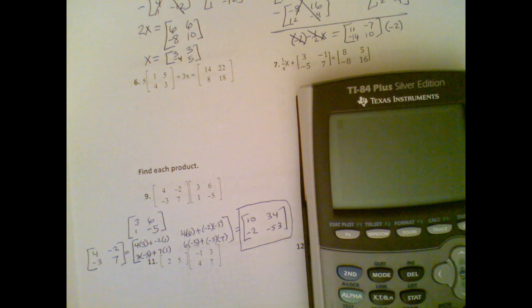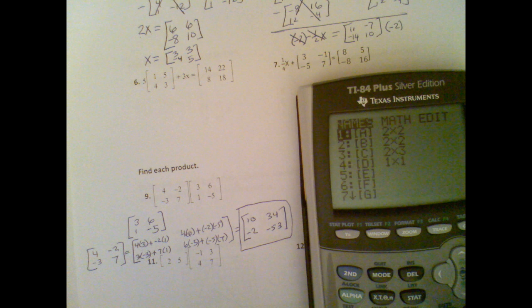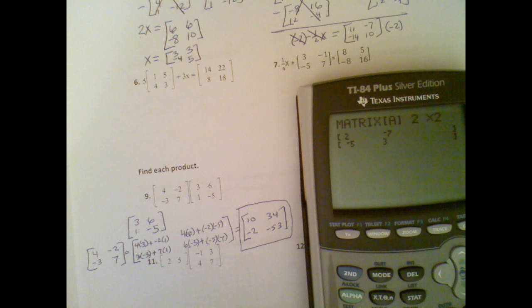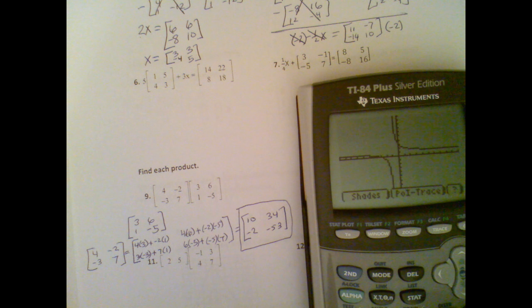So when we check our work for this one, go to second matrix, then go to edit. We need to type in both of the matrices. After each number, make sure you click enter.